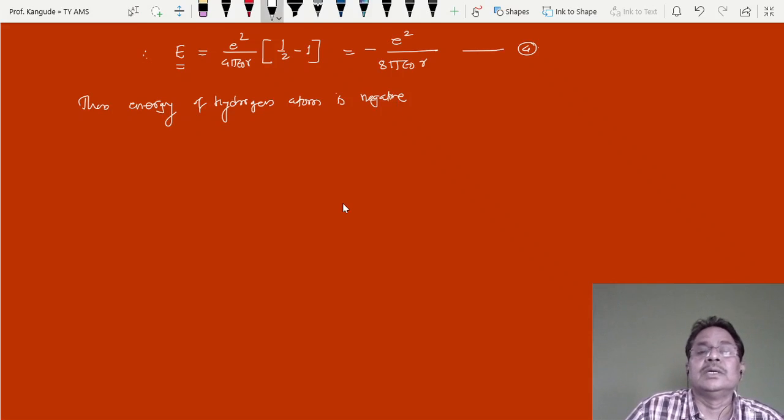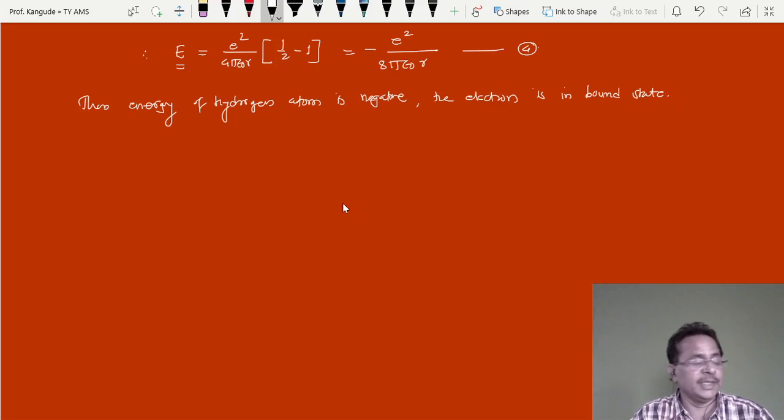Therefore the electron is in a bound state in the hydrogen atom, so it is bounded or bound.